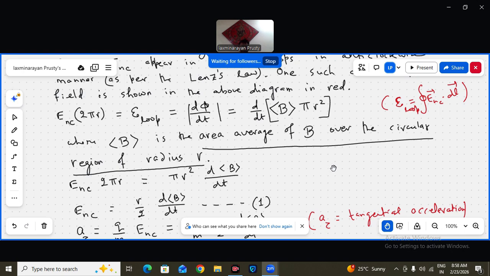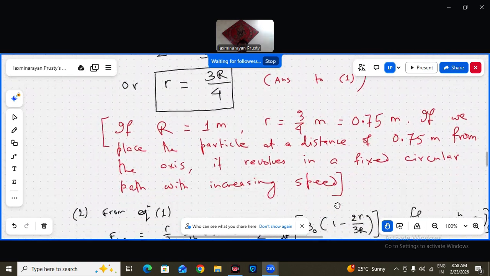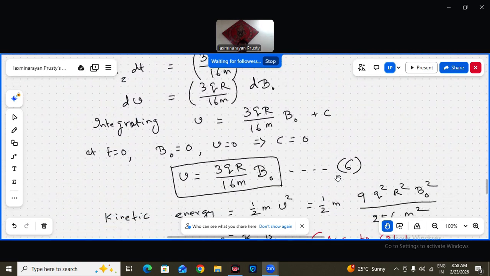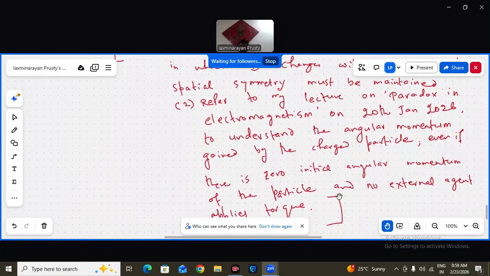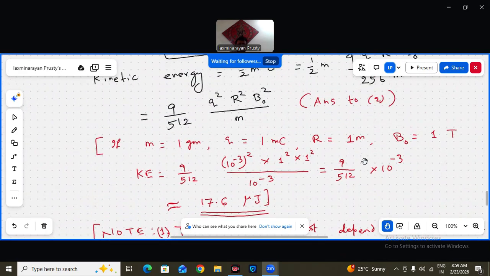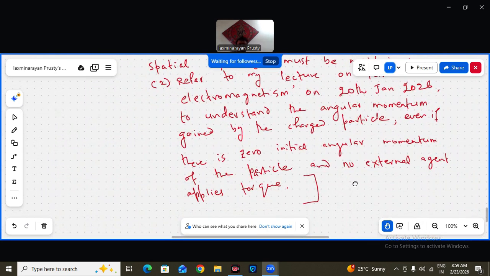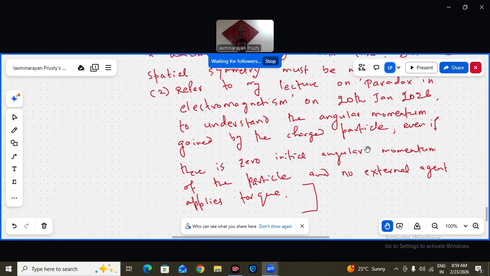is gained by the revolving particle. So this angular momentum, as I told you, is stored in both places, the electromagnetic field as well as with the mechanical momentum.